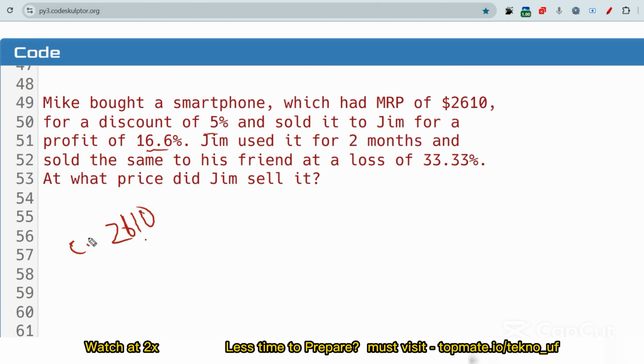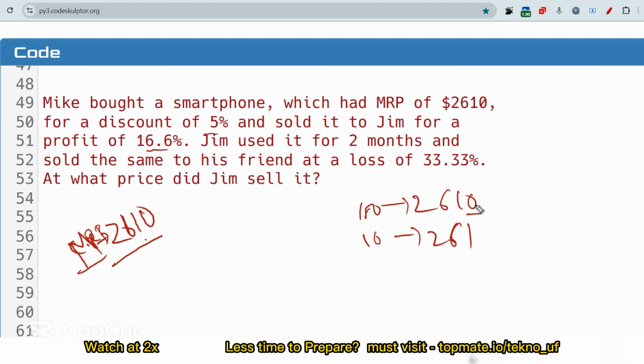So 2610, this is the MRP price. He got a discount of 5%. So what will be the price after deducting 5%? 100% of 2610 is 2610. 10% is 261. 5% will be half of this number, right?